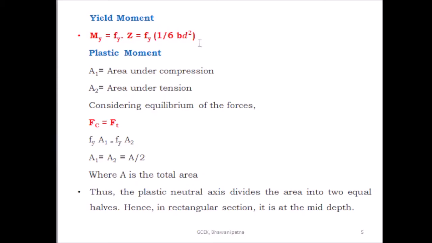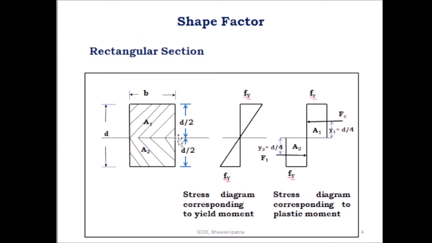Because we know in the rectangular section the moment of inertia about the neutral axis is equal to BD cube by 12, and Y is the most distant point from the neutral axis. From this to this is the Y distance, and Y is equal to D by 2, where you will get the maximum yield stress in the elastic theory.